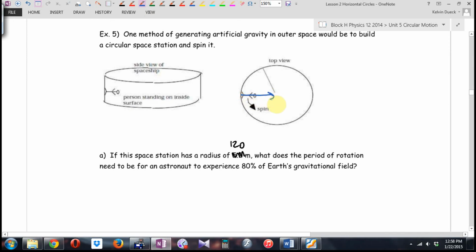The question is, what force? Don't say FC. FC never appears on my free body diagram. What's pushing this person in a circle?